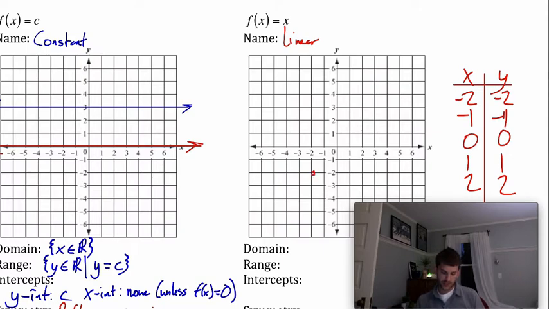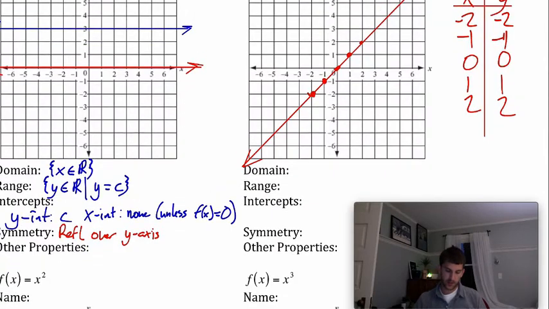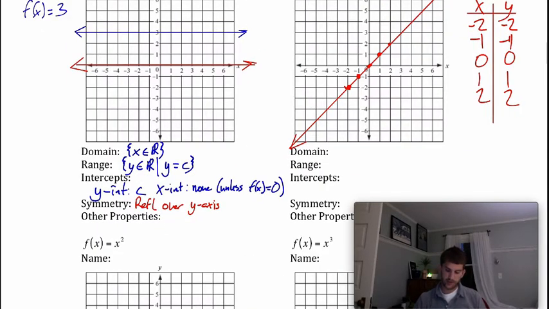So if we graph this, -2, -2, -1, -1, 0, 0, 1, 1, 2, 2, and folks, this pattern is going to keep on going forever. So we can draw a straight line going through those points and just keep going forever and ever. Speaking of going forever, its domain is going to be any real number we want, with no restrictions.